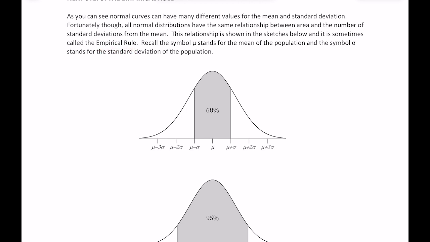What the empirical rule tells us is if a distribution is approximately normal, bell-shaped and unimodal, then roughly 68% of the values will fall 1 standard deviation above and below the mean. If you take male heights, I can say roughly that about 68% of male heights would fall 1 standard deviation above and below the mean.